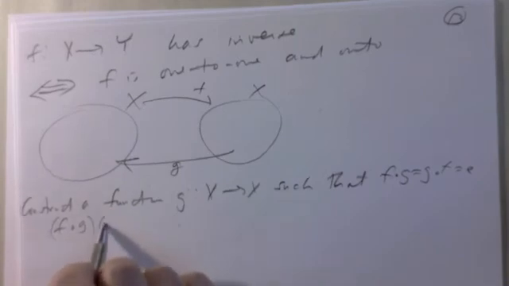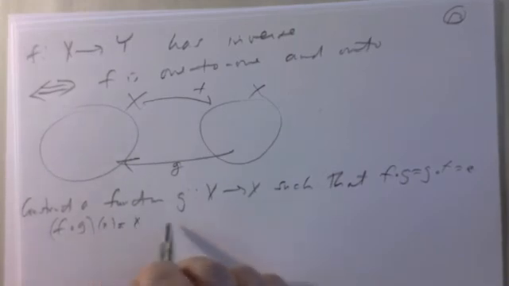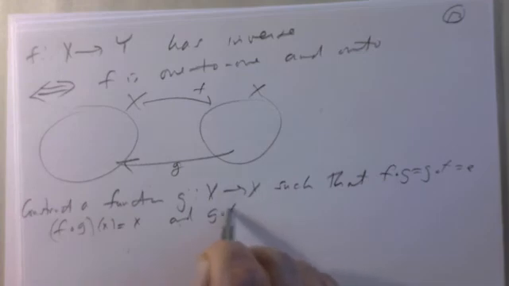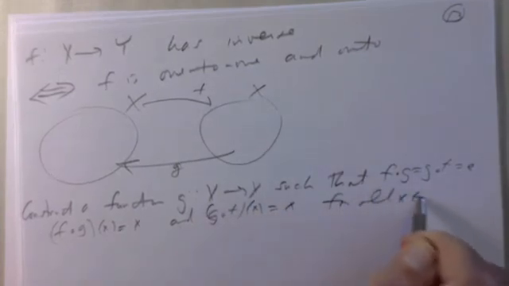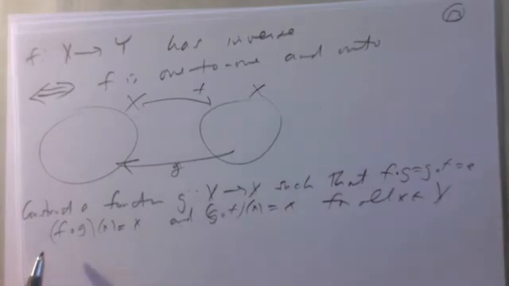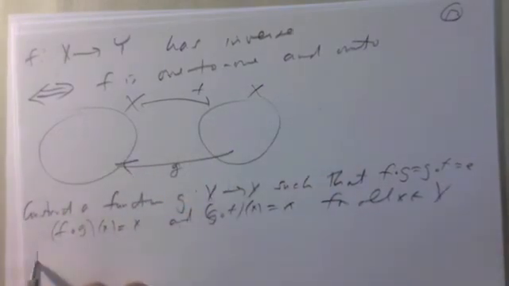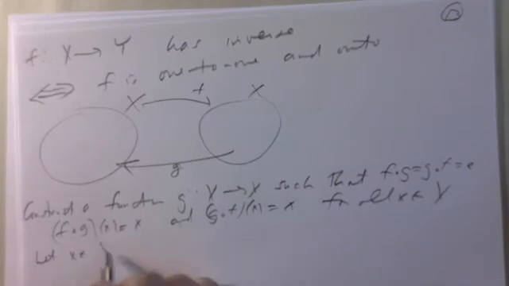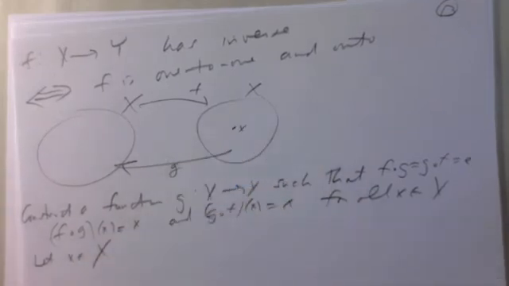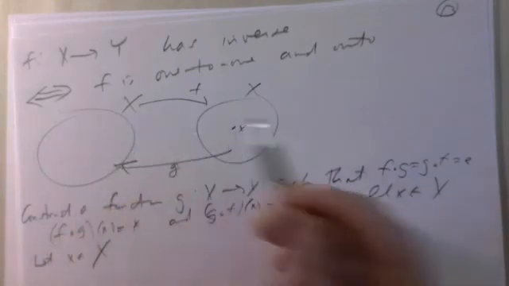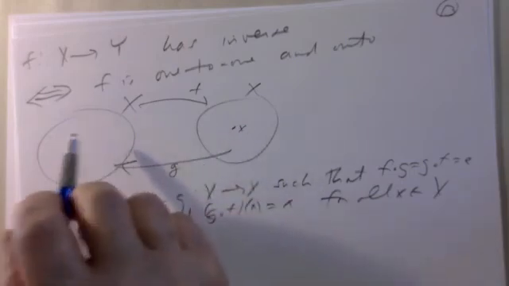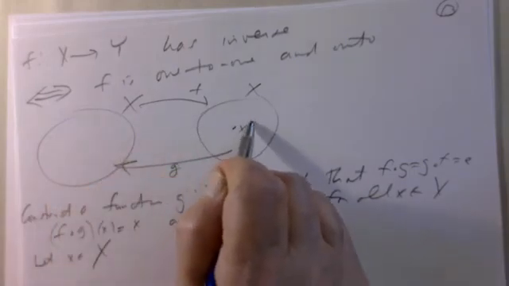That means f composed with g of x equals x, and g composed with f of x equals x for all x in X. And how do we do that? Well, let x prime be an element in X.